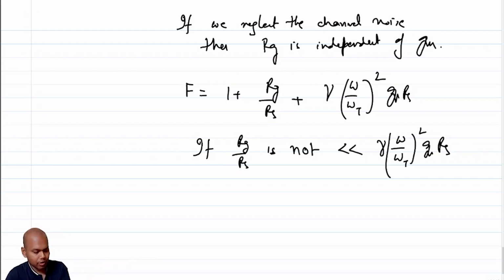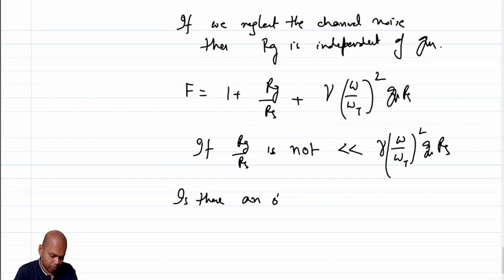And how do you optimize that? You essentially write this out and ask: is there an optimum as far as the source resistance is concerned, an optimum Rs for which f equals some f min?